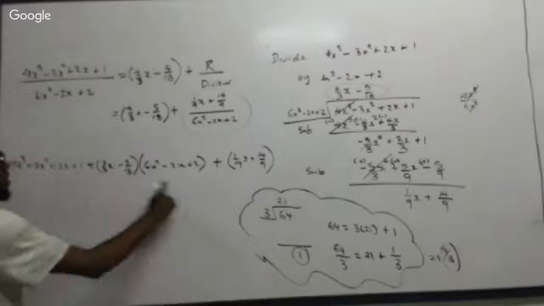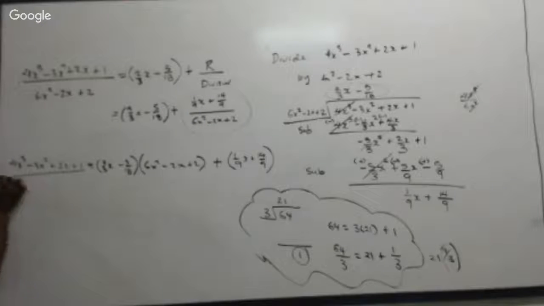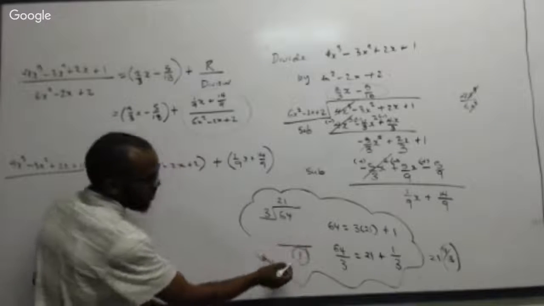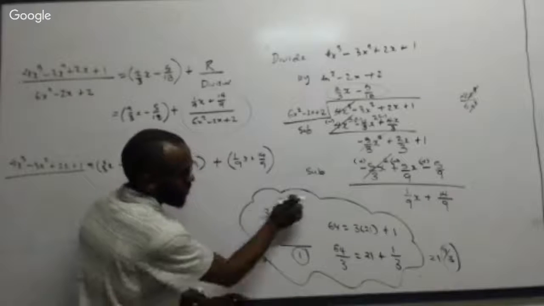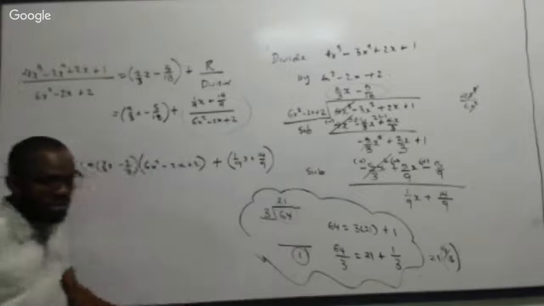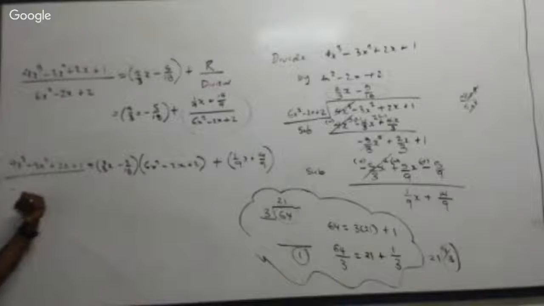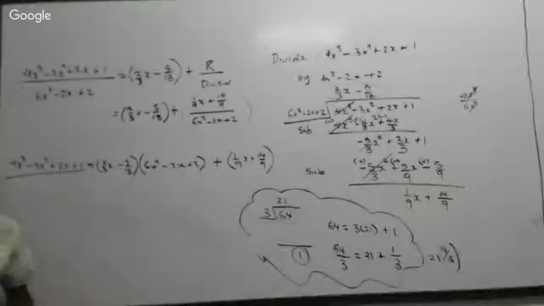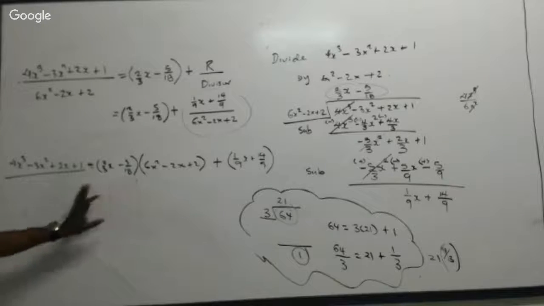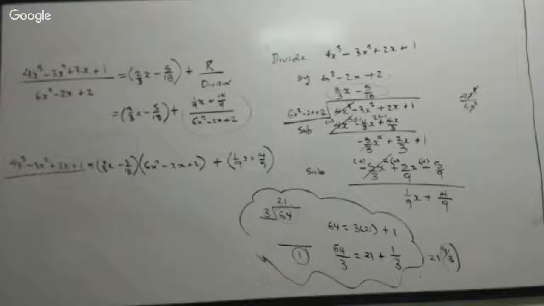If you were supposed to expand this, you would get it back. So think about it. If the remainder was 0, then this times this would have been equal to that. But because there's a remainder, you have to add it back, because it wasn't quite reaching up to the original beginning.